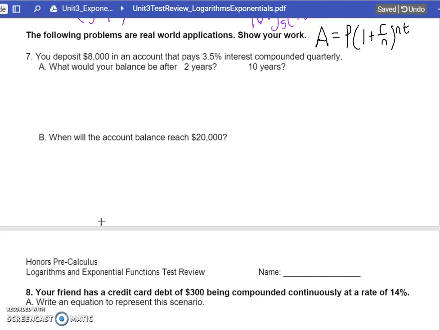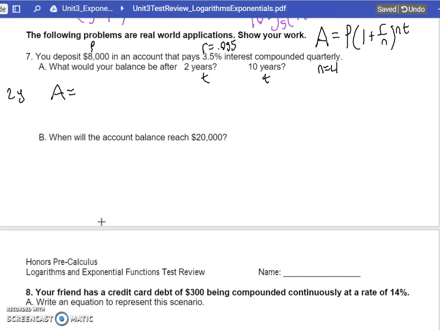So if we want to figure out our balance after 2 years in an $8,000 account that pays 3.5% interest compounded quarterly, well, that's telling us P is 8,000, R is 0.035, which is that percent as a decimal. Compounded quarterly tells us N equals 4. We want to consider T equals 2 years and then T equals 10 years.